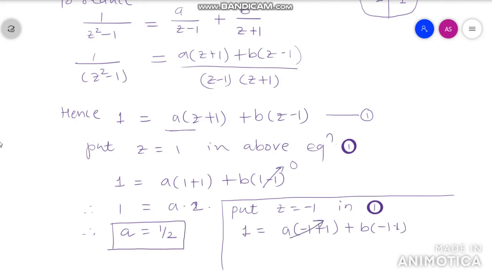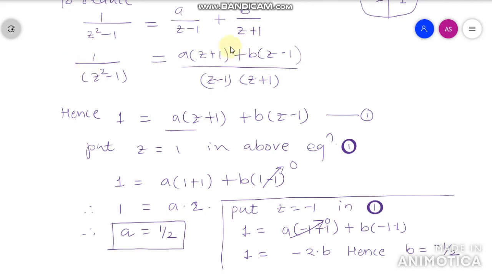So this will vanish because minus 1 plus 1 is 0. Automatically this will go to 0. So 1 equal to minus 2 times b, hence b equal to minus 1 upon 2. Is it?